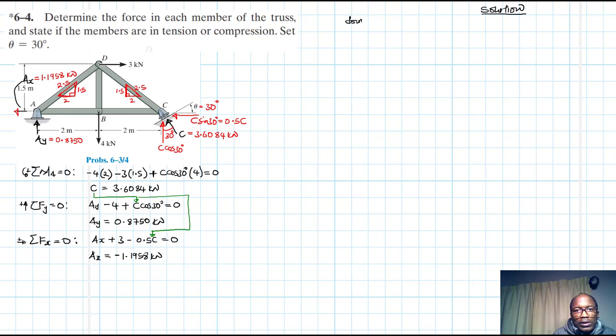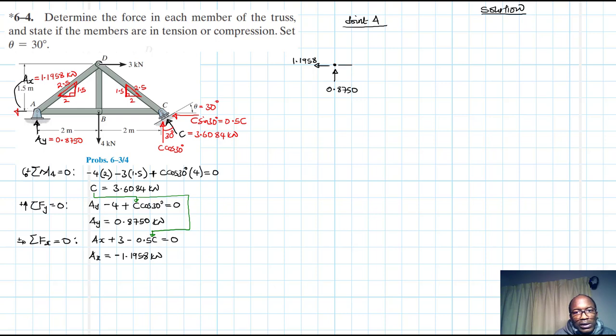Right. So let's start with joint A. Okay. So what do we have? We have 1.1958, and then we have 0.8750.